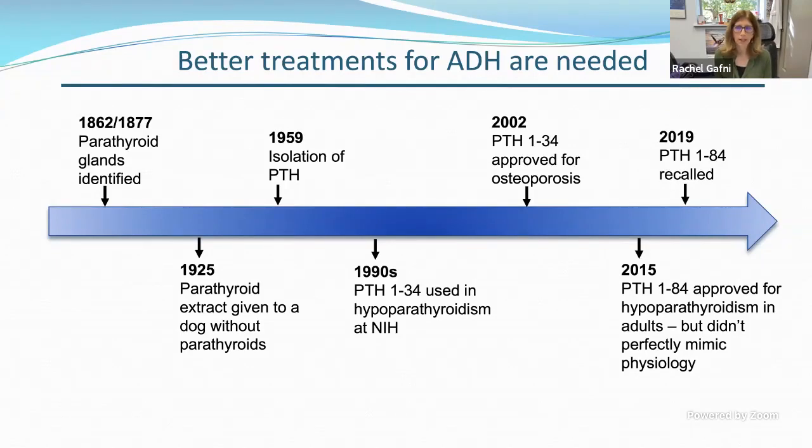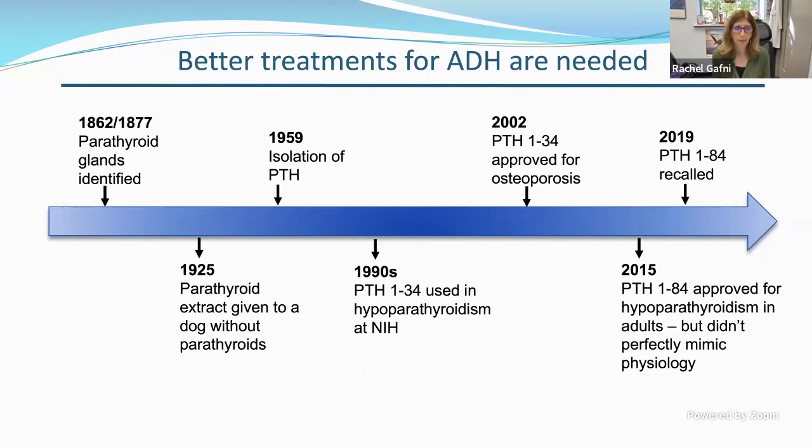And this is a timeline of just parathyroid discovery. And the parathyroid glands were first identified in animals in the late 1800s. And it was almost 100 years ago when a doctor in Canada gave a parathyroid extract to a dog without parathyroids and showed that it would correct severe seizures and muscle spasms.